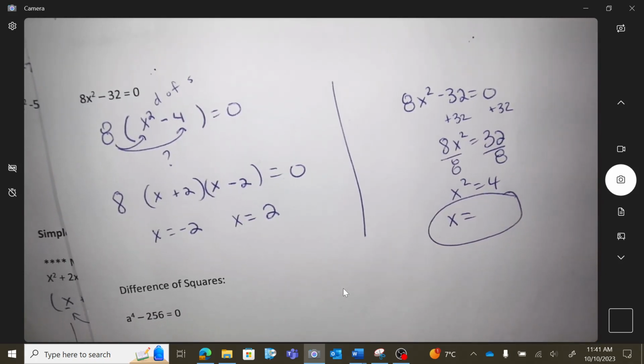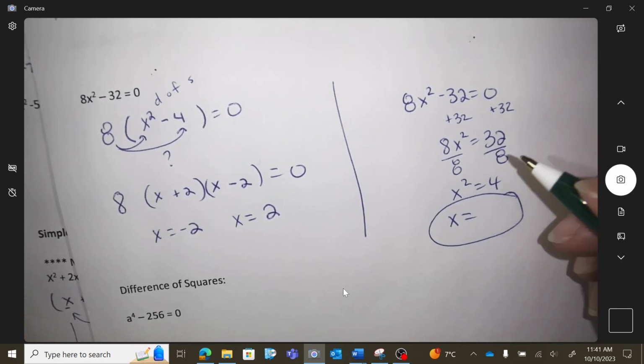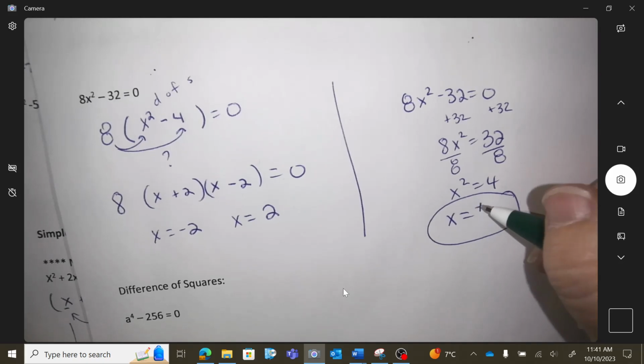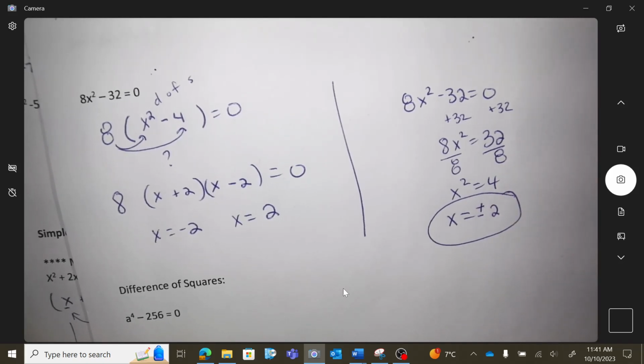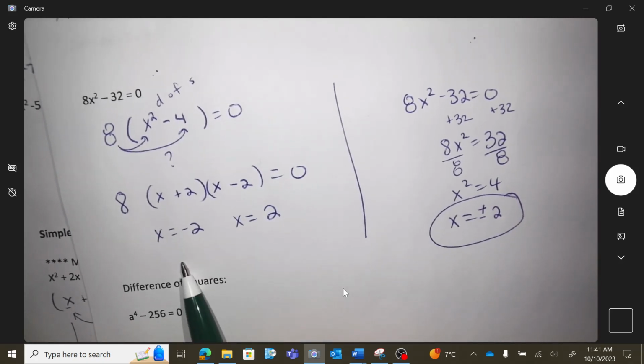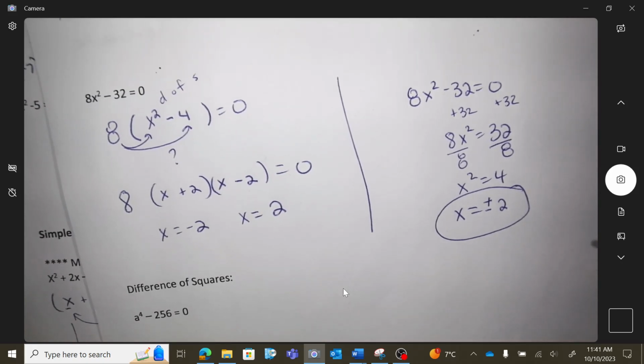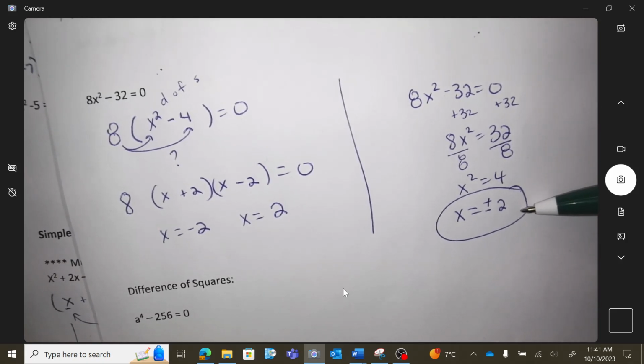Do you see why it's important to answer what we've been answering? We've been doing plus or minus answers. And look at this. Does that correlate with that? Yeah. So that's why it's so important not to forget when we are isolating, when you have a squared, you could do a plus or a minus.